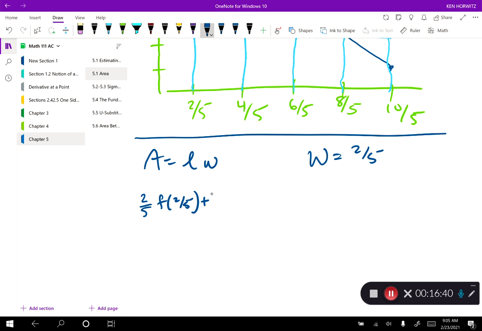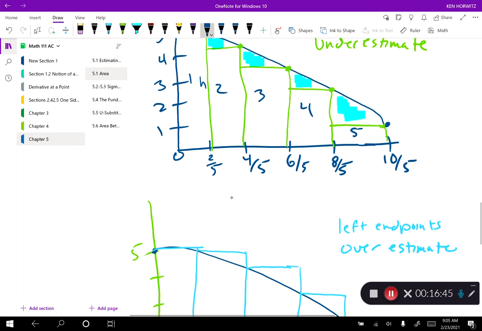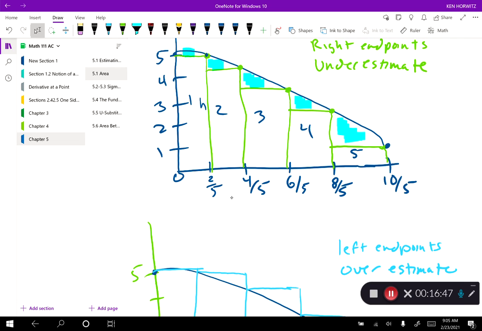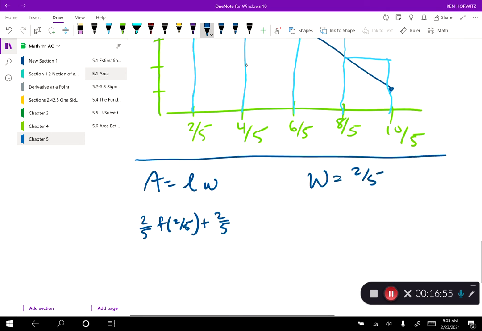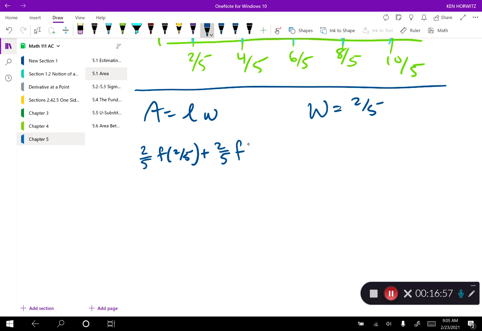Plus 2/5. Now I need the next height. Now if I look on my graph, I have to go up to 4/5 and then go up to whatever y value 4/5 is. So it's going to be f of 4/5.